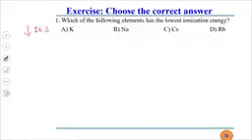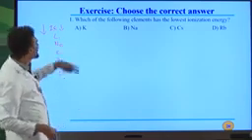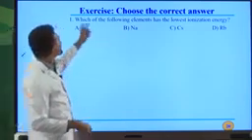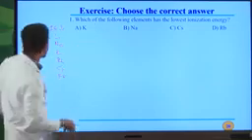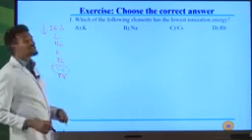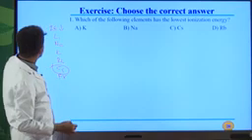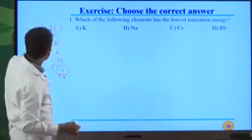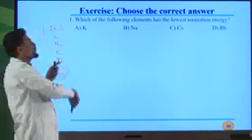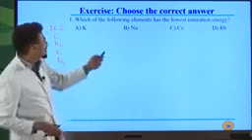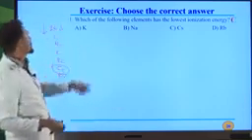So with these alkali metals, lithium, sodium, potassium, rubidium, cesium, francium, down the group ionization energy decreases. Cesium has the lowest ionization energy when compared with potassium, sodium, and rubidium, because down the group ionization energy decreases. So C is the correct answer for question number 1.